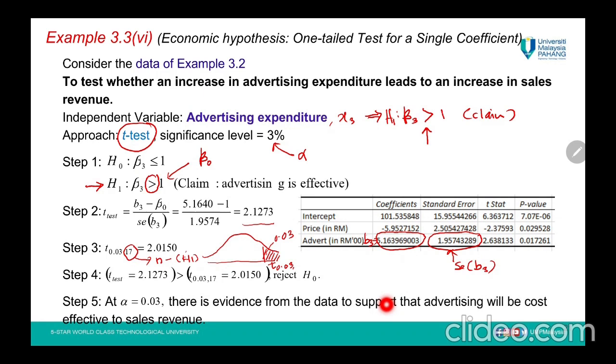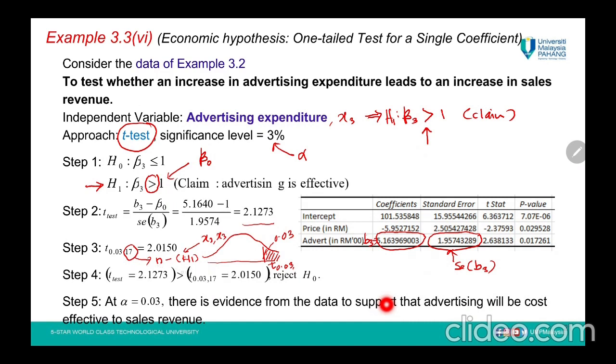K here refers to how many independent variables we have for this data. Remember that we have x2 and x3, and don't forget this is k plus 1. So for this case it means 20 minus 3.